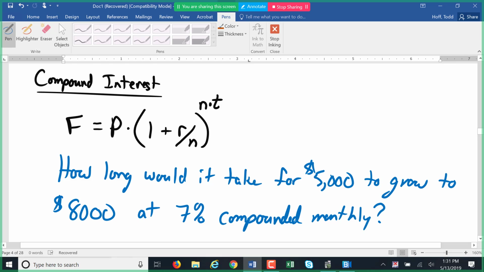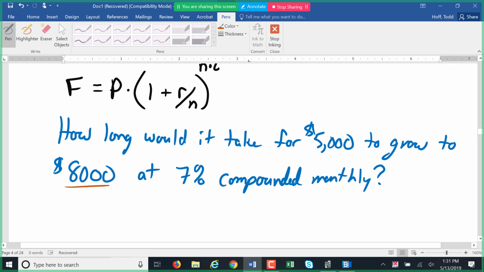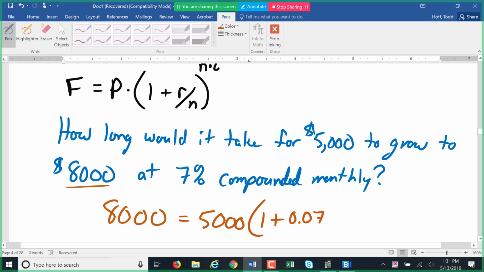So we know we want the future value to be 8,000. We're going to try to grow to 8,000. We're starting at 5,000 times 1 plus, our rate is 7%, that's 0.07. N is the number of times per year, compounded monthly, so that's going to be 12.